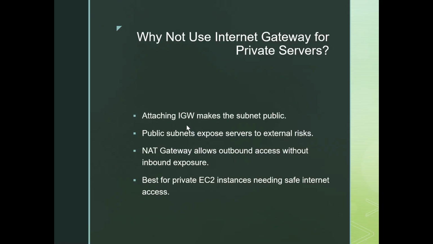Remember this point: attaching an internet gateway makes the subnet public, and a public subnet exposes servers to the external world. So a NAT gateway allows outbound access without inbound exposure. It keeps inbound private, and is best for private EC2 instances needing safe internet access.